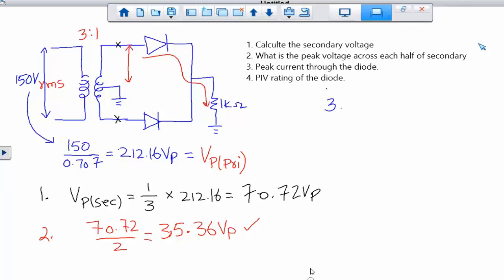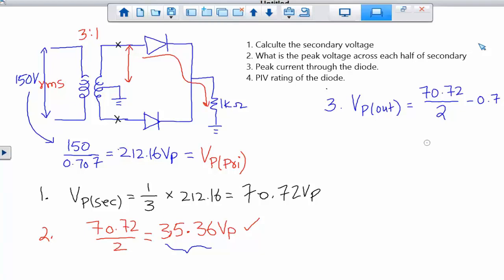So the V peak output voltage, you can either use that straight formula, which is V peak secondary over 2 minus 0.7, right? So if you stick to that formula, that's 70.72 over 2 minus 0.7, or you can simply say, because we already found out the 1/2, correct?